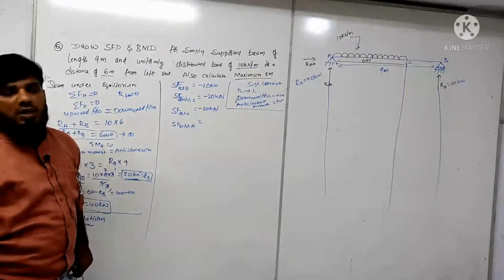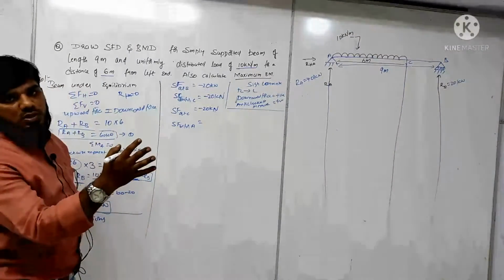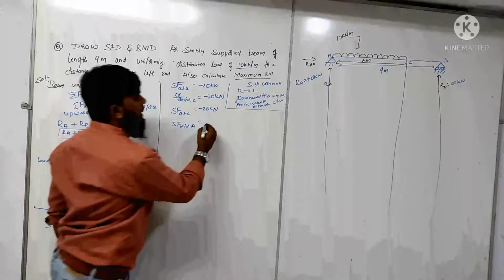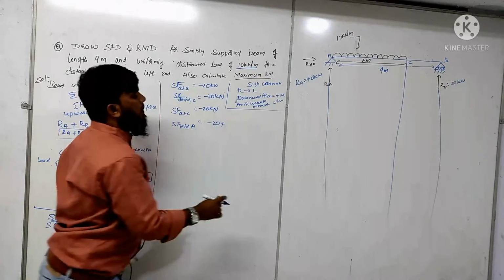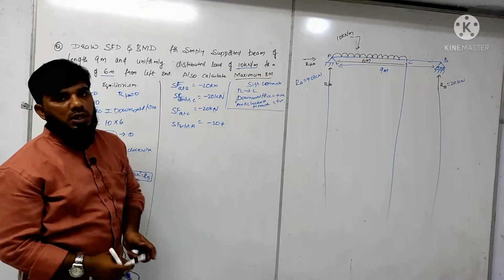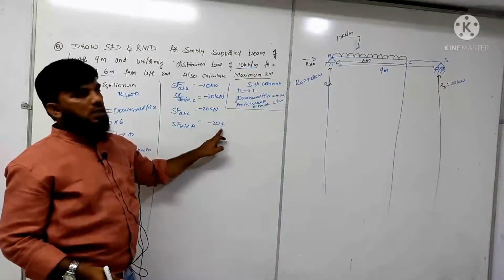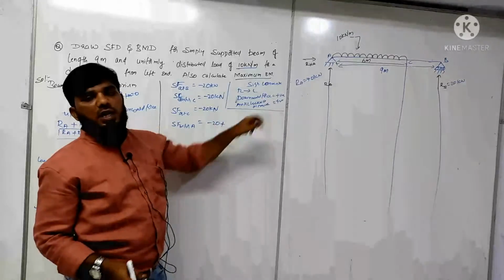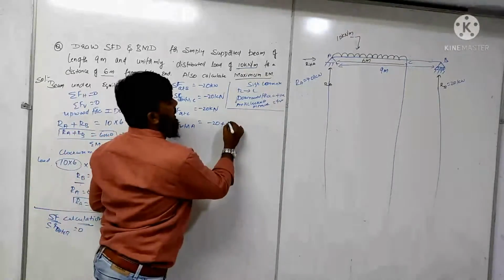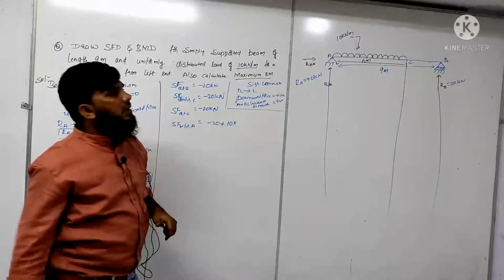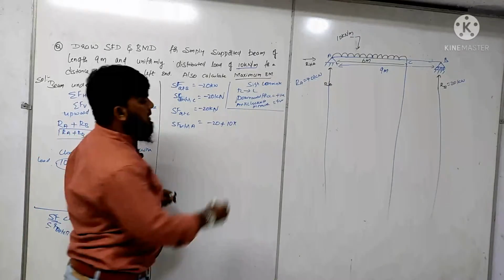So for the shear force just before A, you have to take all the forces towards the right. The first force we have is minus 20, plus, because this UDL will be acting in downward direction, so the sign is plus from this sign convention. So plus 10 into the length of that load, UDL 6.